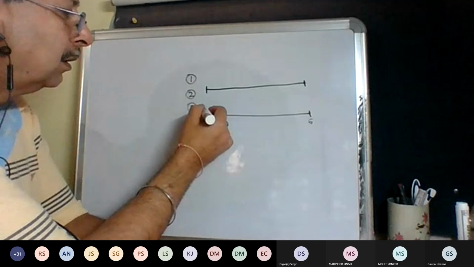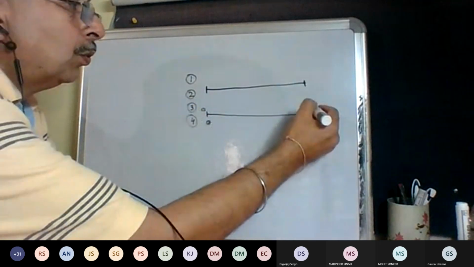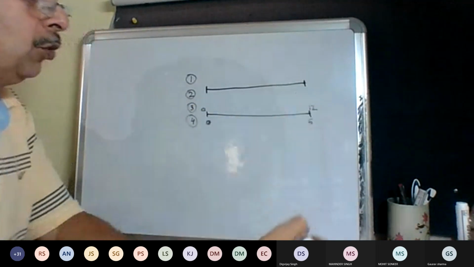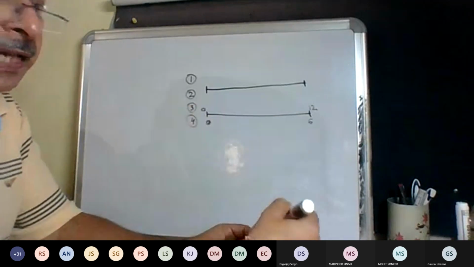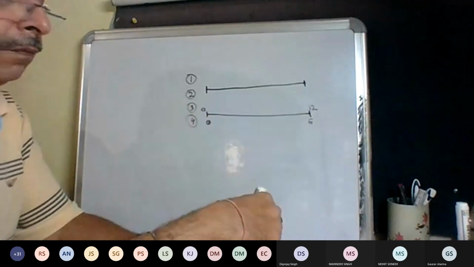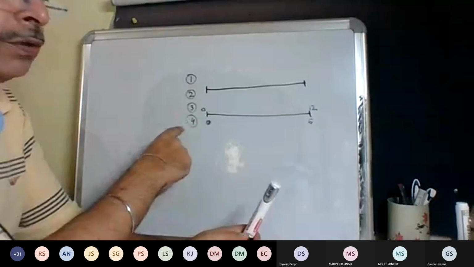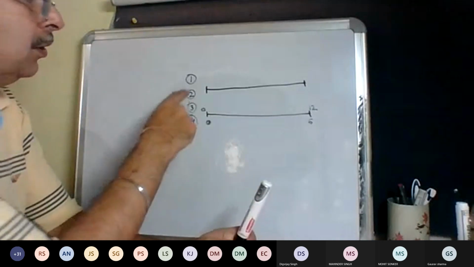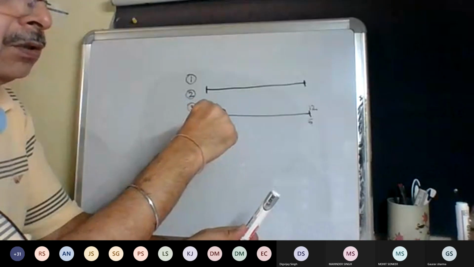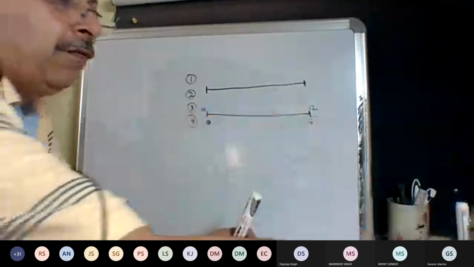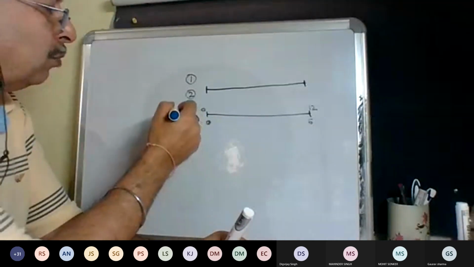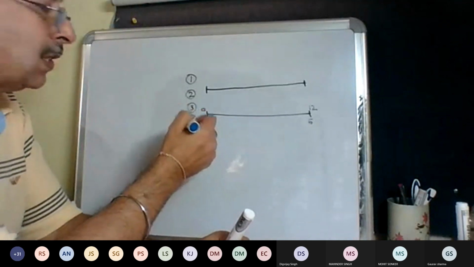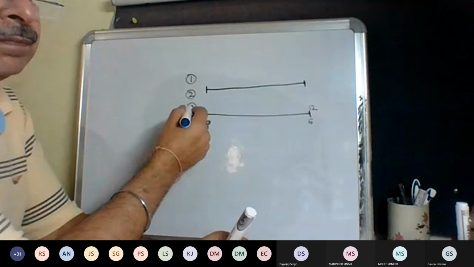Scale number 3 is 0 to 12. So you'll always be using the largest scale possible, that means 3 or 4. Scale 1 and 2 you will never use. So between 3 and 4 is a choice that you'll make depending on the type of question. Mostly, 90% of your cases, it will be 3.